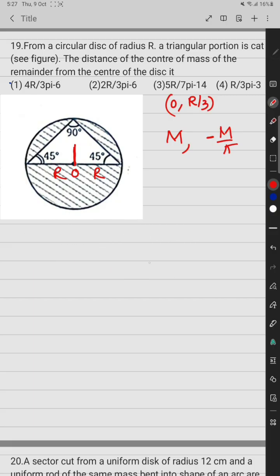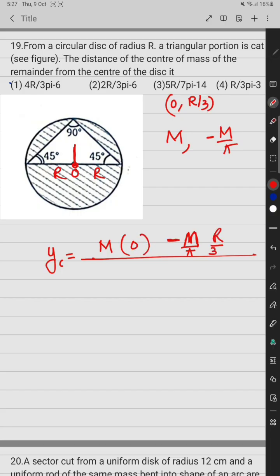So now we can calculate the y center of mass. The positive mass is m, the negative mass is m upon pi, and we know from this point O, this coordinate is 0, but this coordinate is r by 3, divided by the total mass, which is m minus m upon pi.